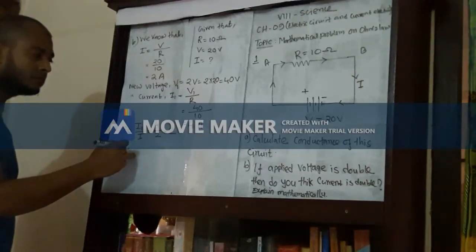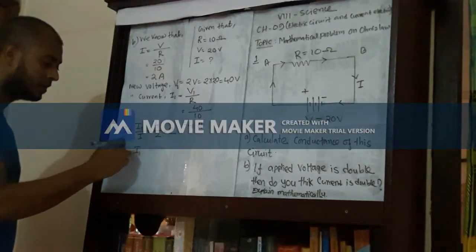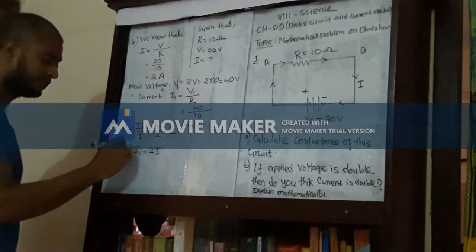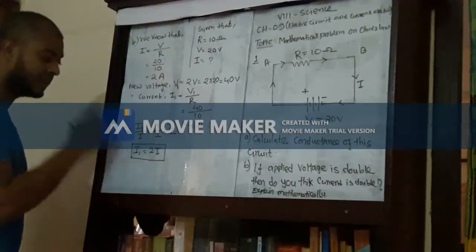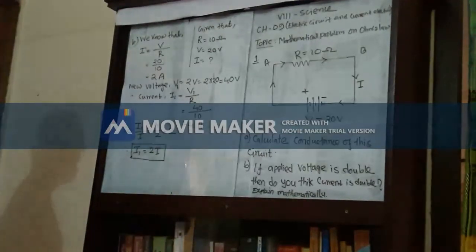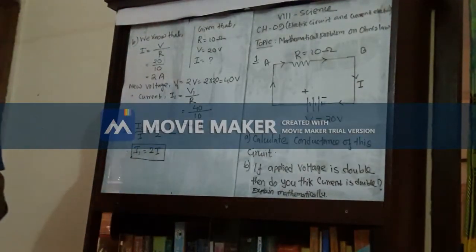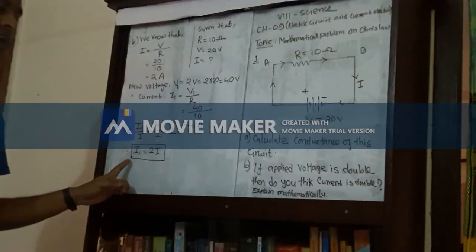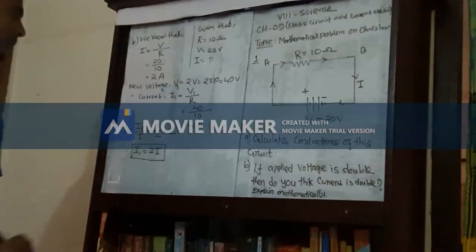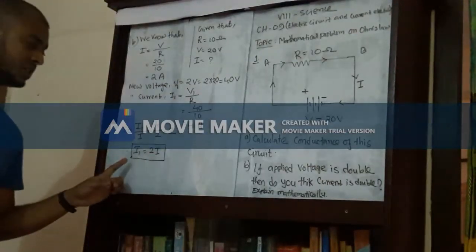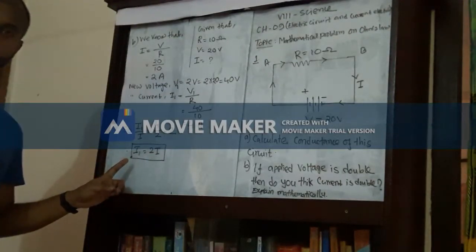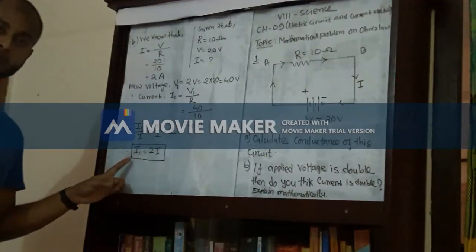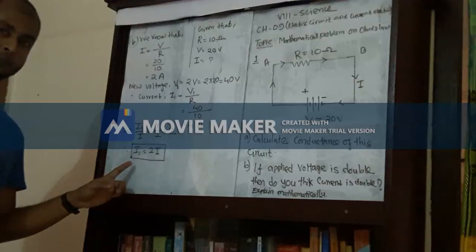So I1 will be 2 into I. Therefore, you can say that if applied voltage is double, then electric current is also double here.